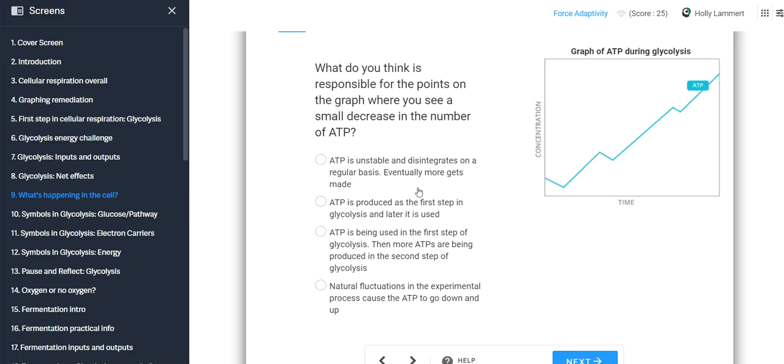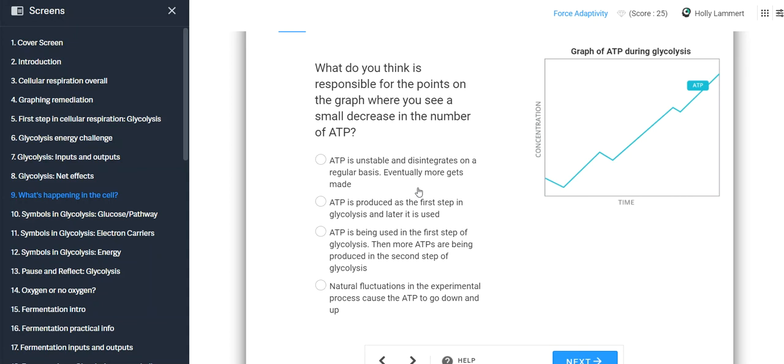All right, what do you think is responsible for the points on the graph where you see a small decrease in the number of ATP? Let's read through our options. ATP is unstable and disintegrates on a regular basis. Eventually, more gets made. That could be an option. ATP is produced as the first step in glycolysis and later it is used.